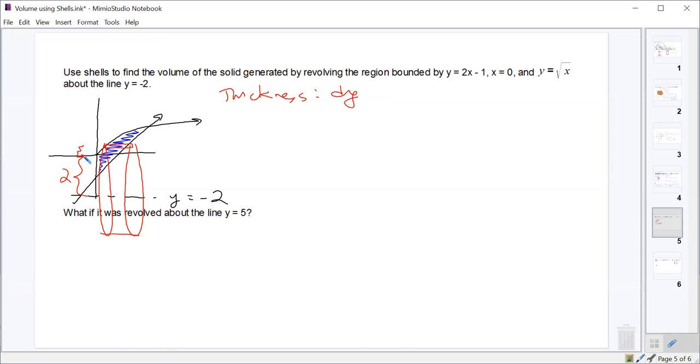From the x-axis up to the rectangle. Y. So our radius ought to be 2 plus y. Everybody good with that? Notice that for y values that are negative, because there are some negative y values in this region.